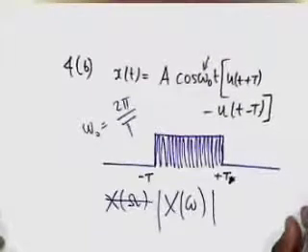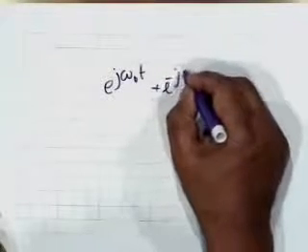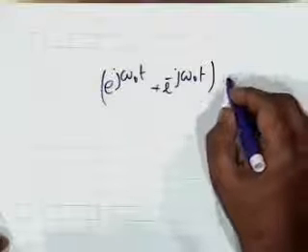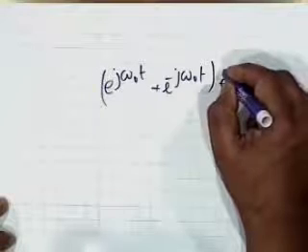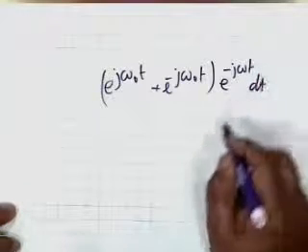The simplest way of doing this is to apply the definition. Do not try to apply the shift property and those kinds of things, you will get into trouble. The simplest thing to do here is to express cosine omega 0 t as e to the j omega 0 t plus e to the minus j omega 0 t, and then multiply by e to the minus j omega t dt.